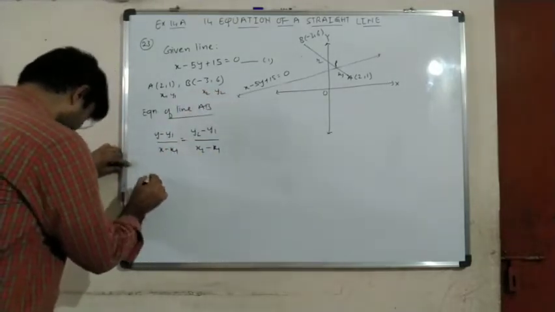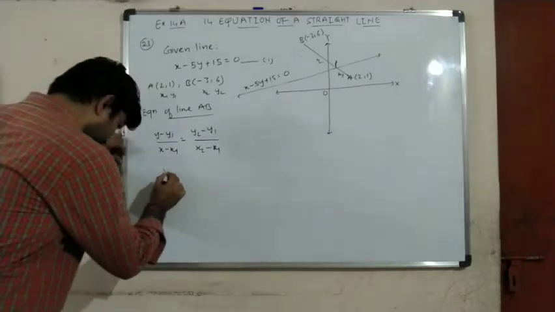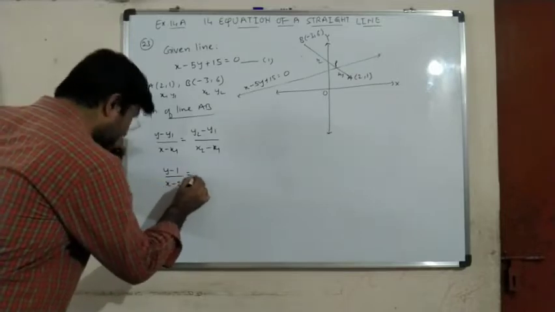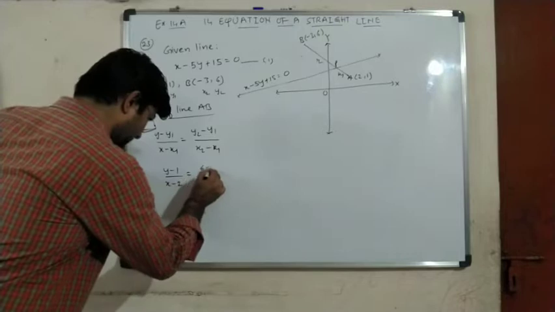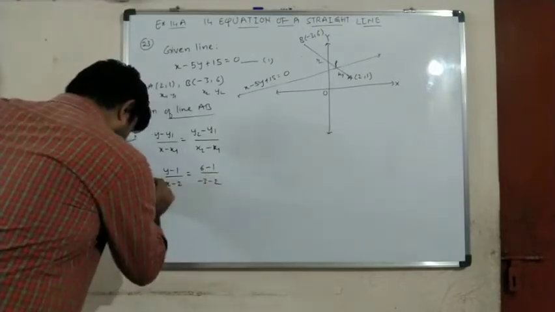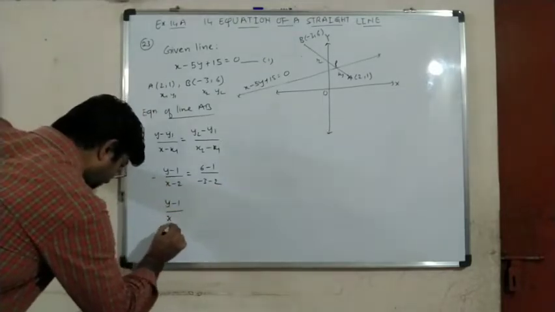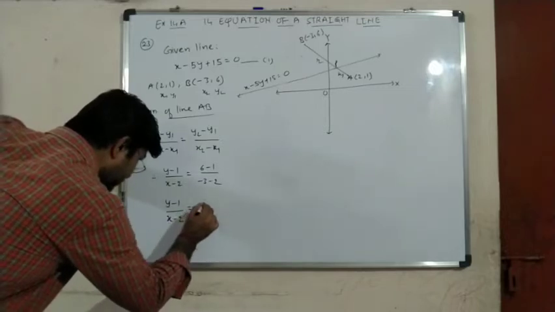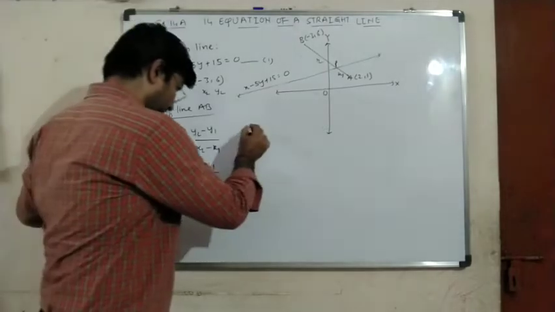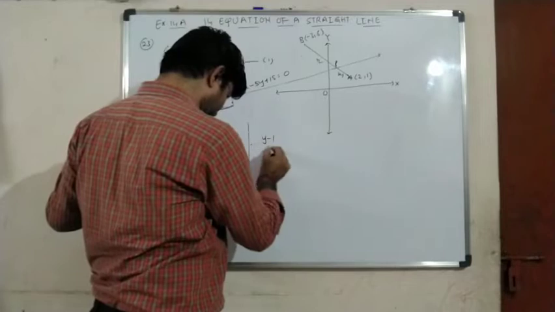So putting values in the formula, y minus 1 upon x minus 2 is equal to 6 minus 1 upon minus 3 minus 2. Therefore, y minus 1 upon x minus 2 is equal to 5 upon minus 5, which is minus 1.